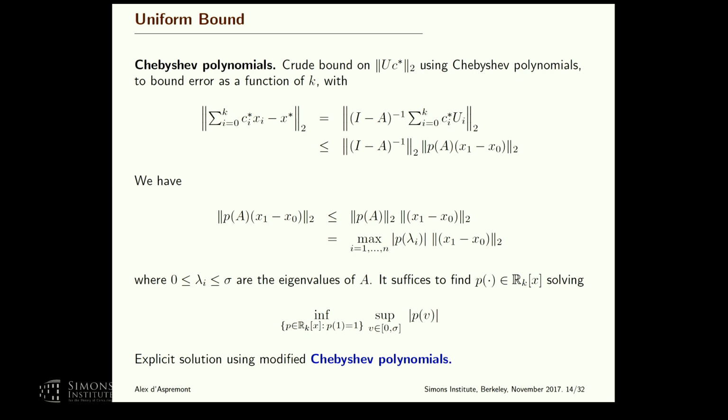Typically, we don't know much about the eigenvalues of the matrix A, but we know, at least in many cases, that they're between 0 and sigma, typically when we use gradient descent, for example, okay? And so minimizing this quantity uniformly without any specific knowledge on A is simply solving a Chebyshev problem, right? So we minimize over all polynomials P of degree k, satisfying the normalization constraint, the maximum of these polynomials over the segment 0 sigma.